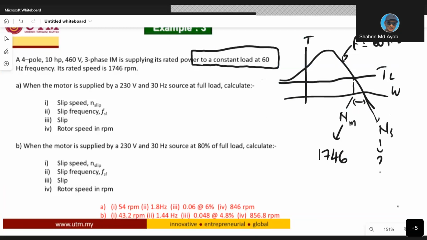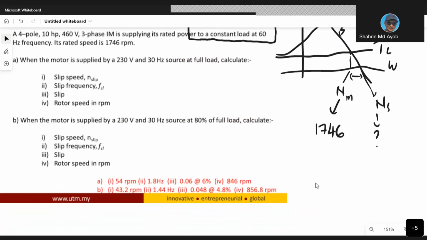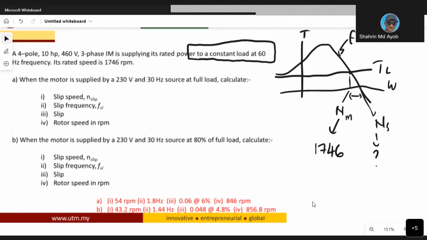When else will you try? The final exam is in 2 weeks. Obtain the slip speed, okay, the slip frequency. This one, F slip is S times F source. Must remember that.